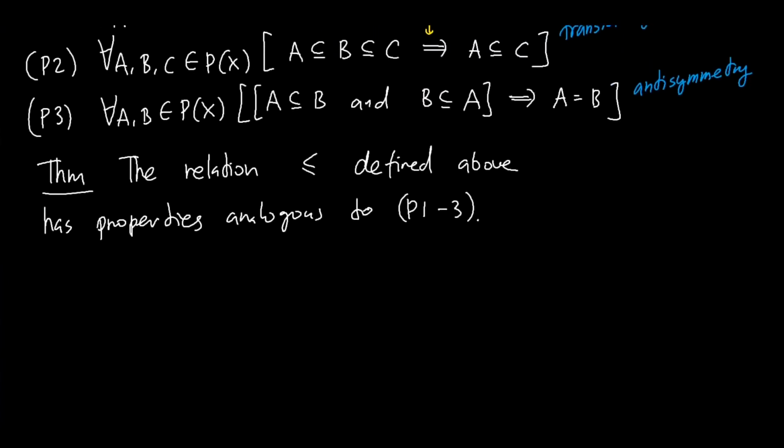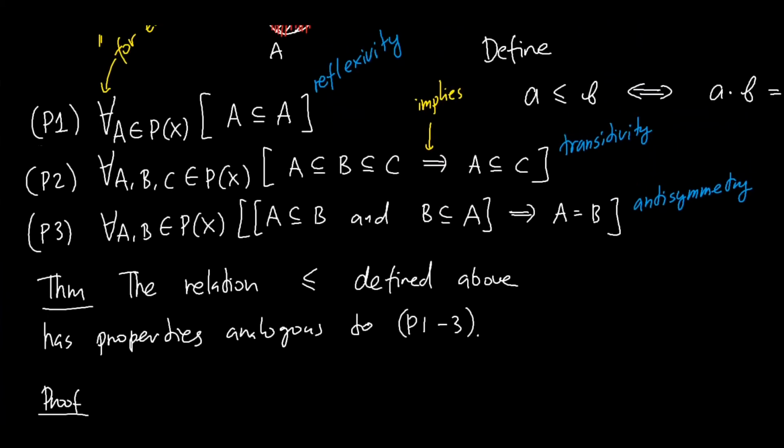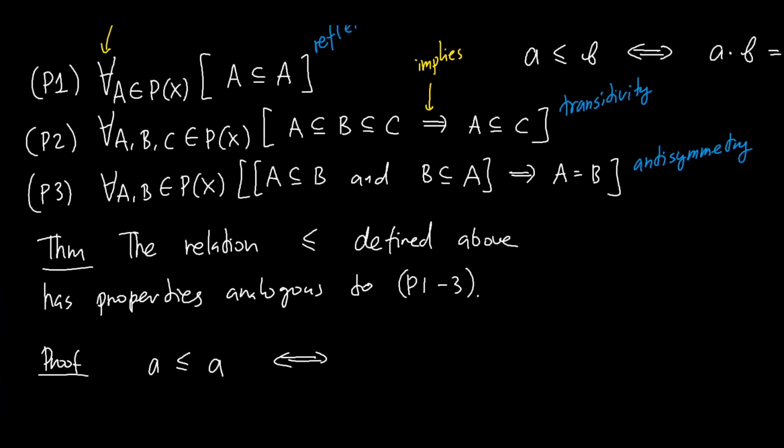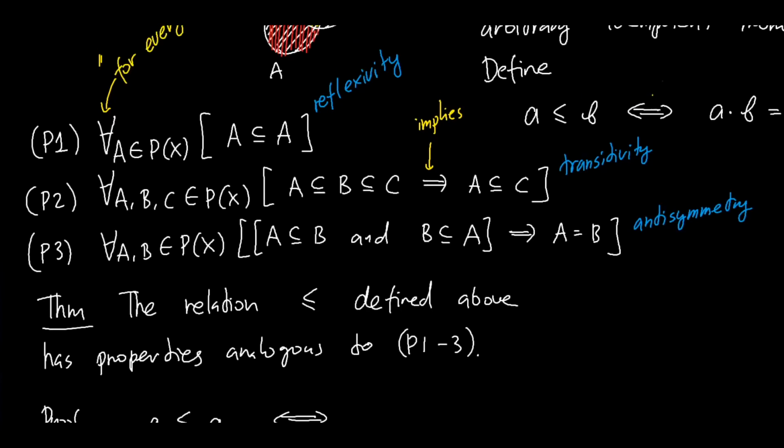Now let's see if we can prove this theorem. So first, let's start with reflexivity. We would want A to be less or equal to itself for every A, right? But that, by definition, and let me also indicate here what this symbol means. This means if and only if, which is basically implication in both directions.